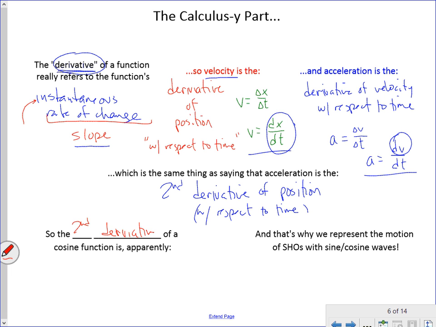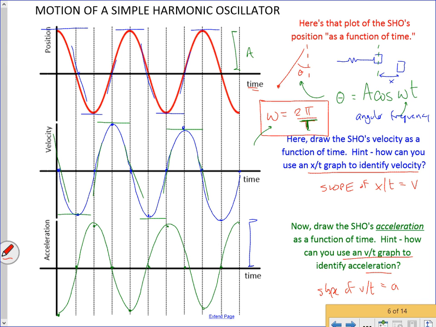So the second derivative of a cosine function, remember, here's a cosine function. Well, here's its second derivative. Acceleration is the second derivative of position. So here's a cosine function for position. The second derivative is, well, what's this?